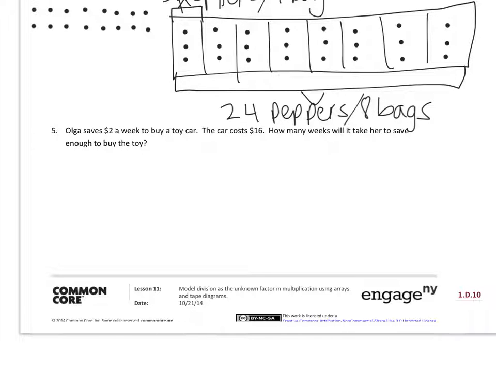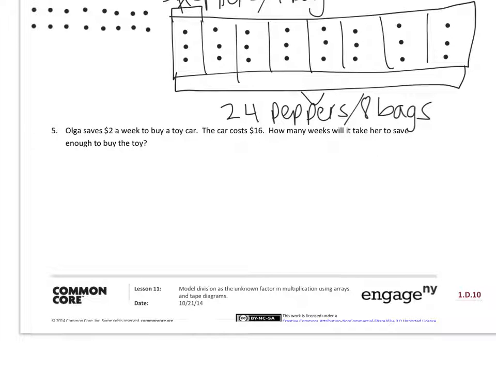It doesn't tell us which method to use to solve this problem, so I'm going to show you both methods, an array and a tape diagram, in case you chose an array or in case you chose a tape diagram. So let's start off with the array. It doesn't tell me which is my groups or which is my number in each group, so let's think about it. If she's saving $2 each week, what goes into what?